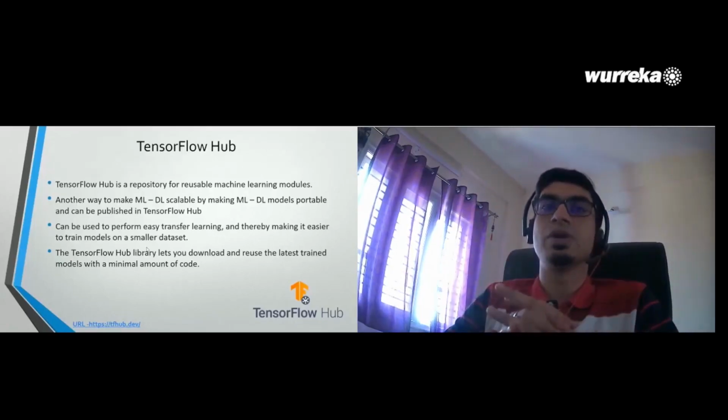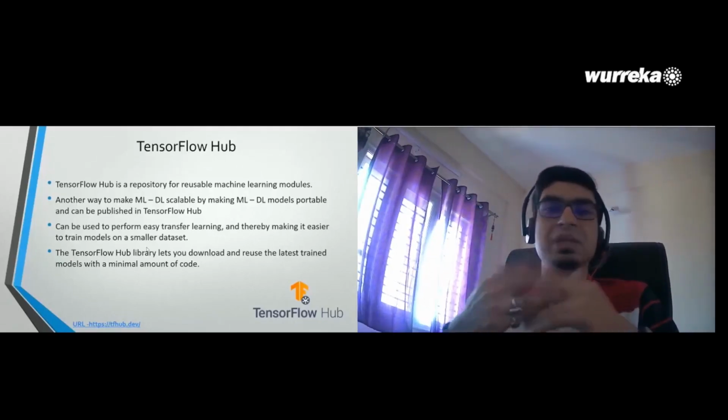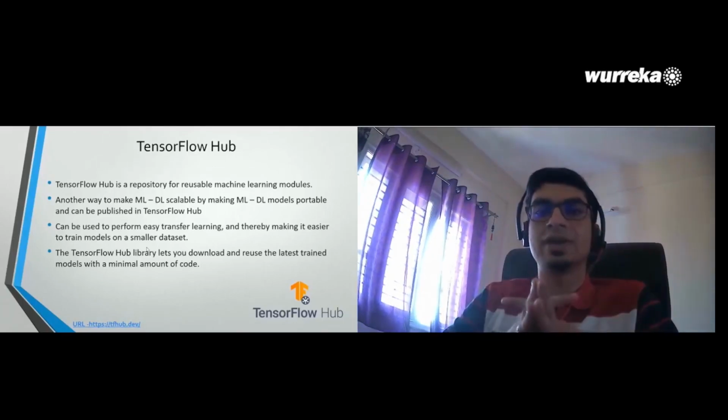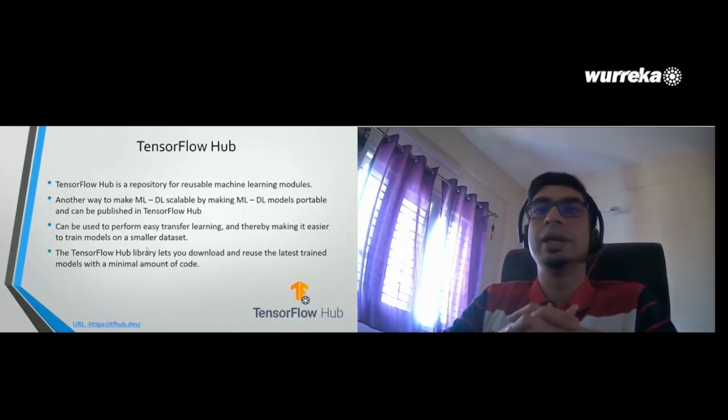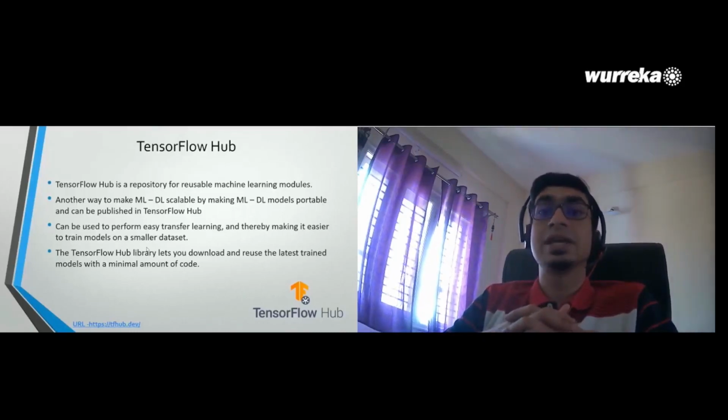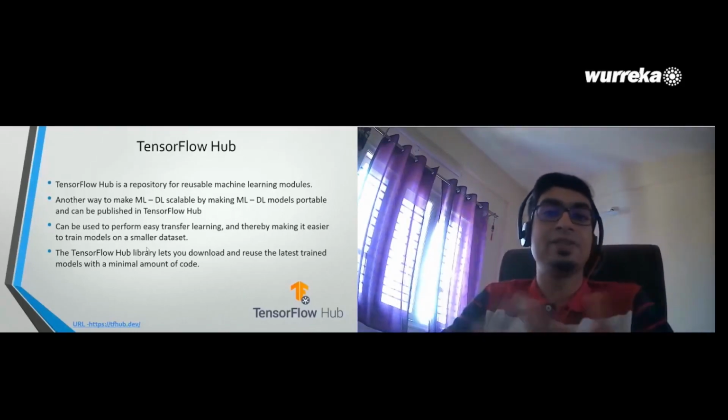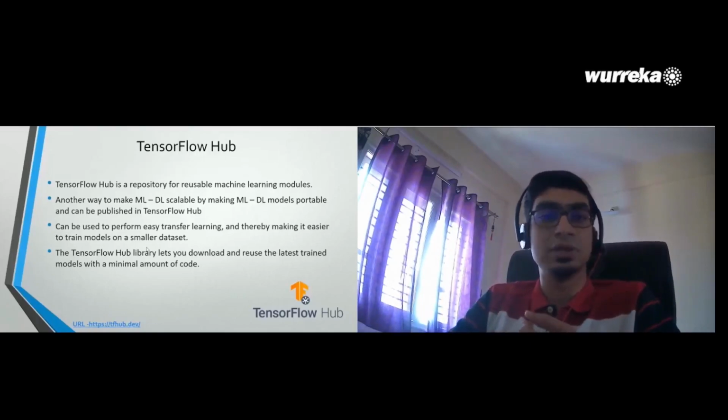whatever the latest model versions are, with a minimum amount of code. There are a lot of high level APIs that help us do it with minimum code. The beauty here is that in some cases we might not have the data required to train for a particular use case, right?